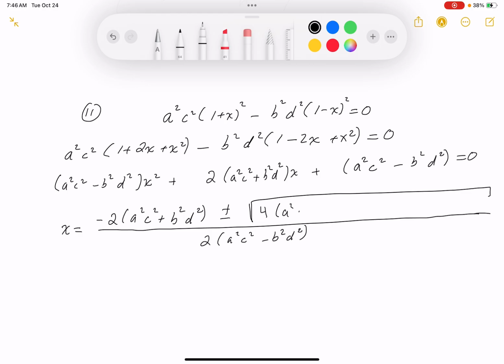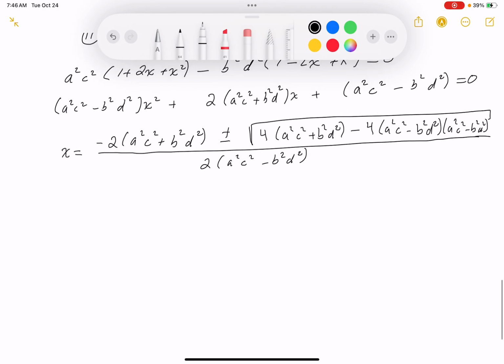And then you get a squared, c squared, plus b squared, d squared, minus 4 times the coefficient of the square term, a squared, c squared, minus b squared, d squared. It's even hard to copy that. And then the last term, the constant term, is going to be a squared, c squared, minus b squared, d squared. Well, isn't that convenient?